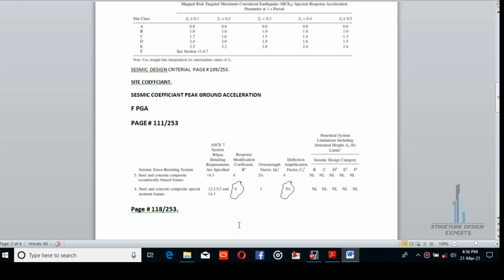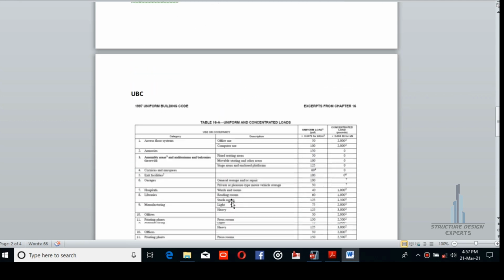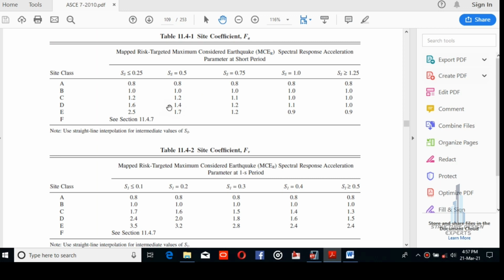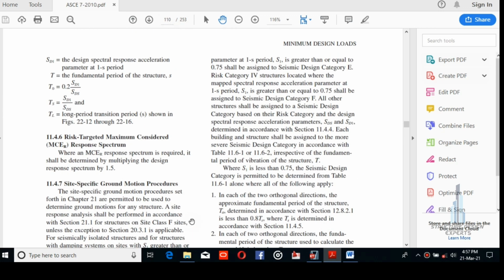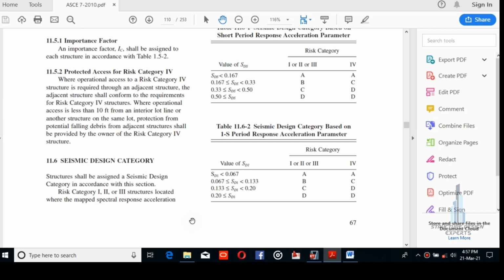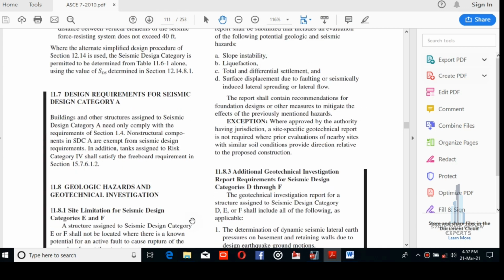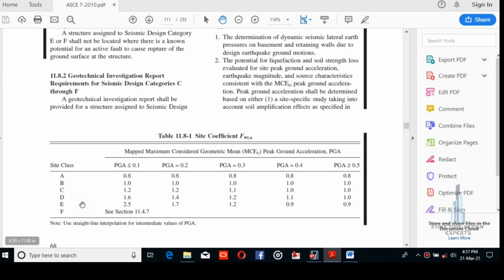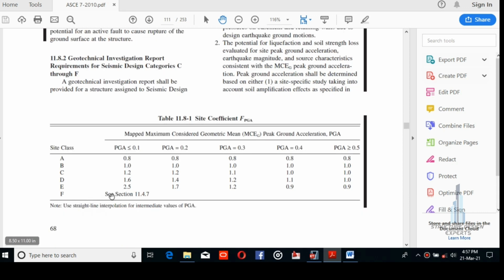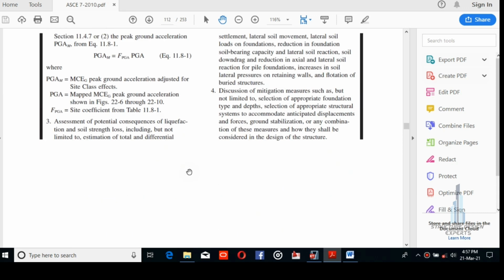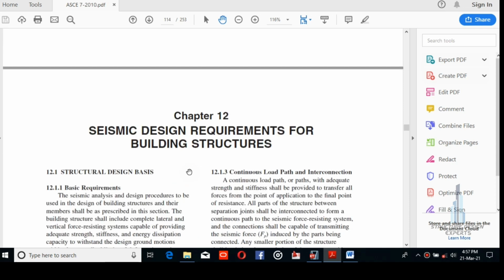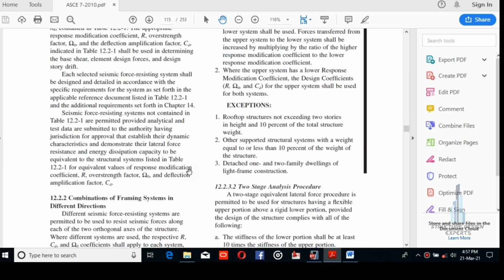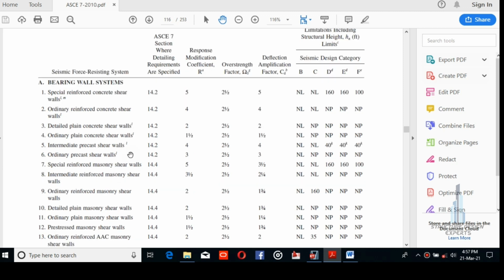You can see page number is 11111. Let's search for it.